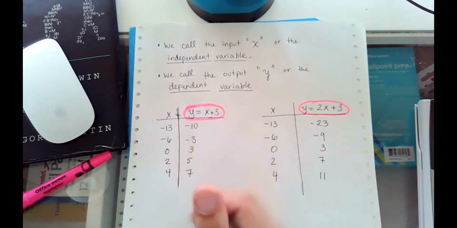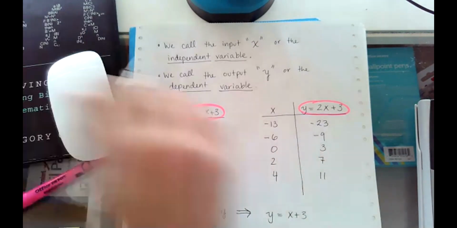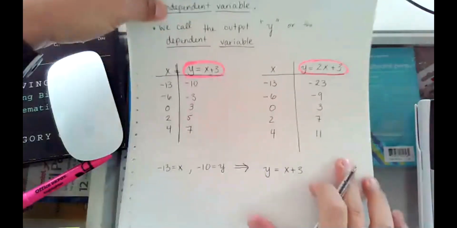So what I mean is that let's take the values -13 equals x and -10 equals y. And I'm going to plug them into this equation here, y equals x plus 3. Let me move my paper up. Okay.